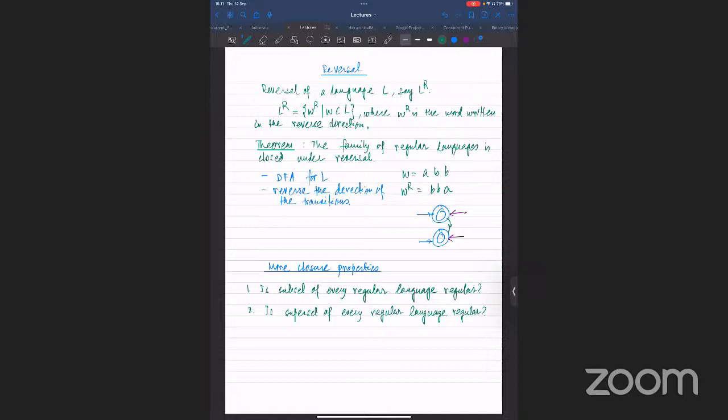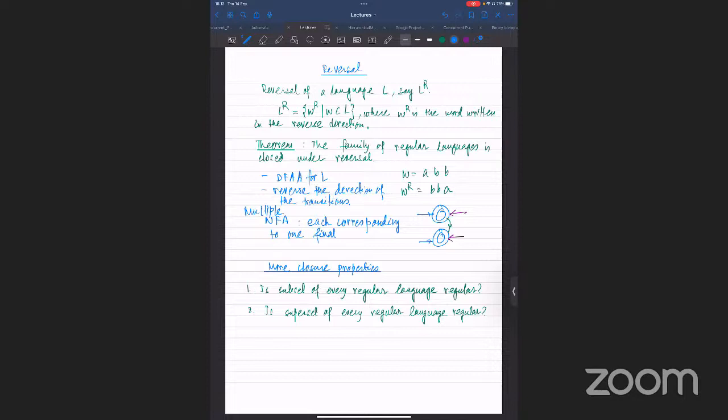The other thing is that you can also add epsilon transitions. If you do the reversal, you may have, for example, an NFA, with several copies, each corresponding to one final state.